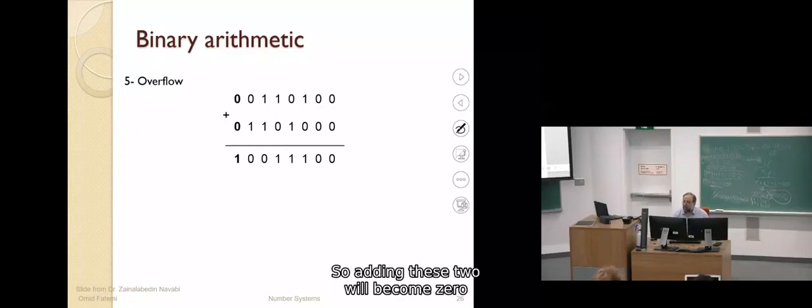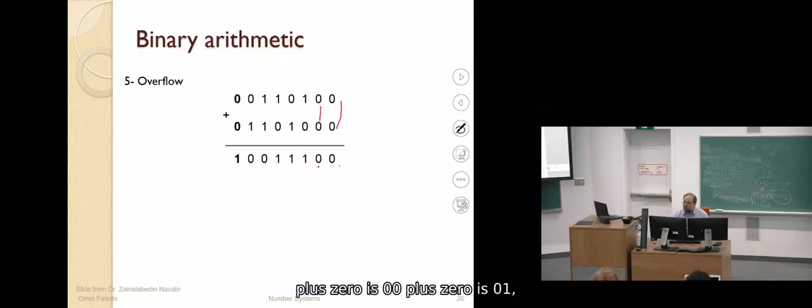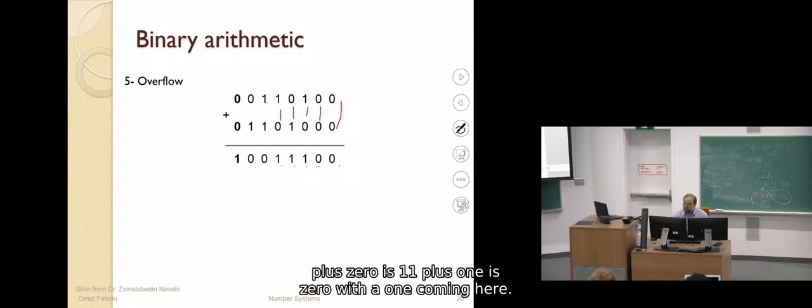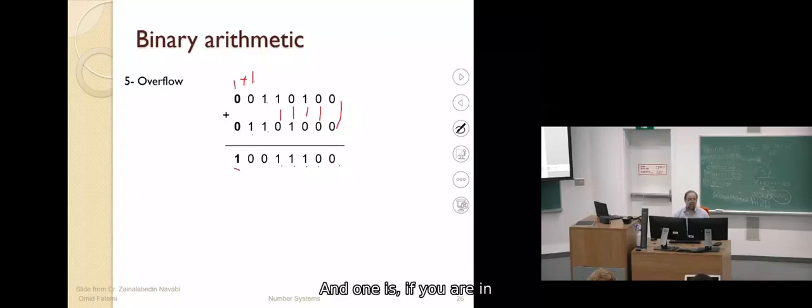So adding these two would become 0 plus 0 is 0, 0 plus 0 is 0, 1 plus 0 is 1, 0 plus 1 is 1, 1 plus 0 is 1, 1 plus 1 is 0 with a 1 coming here, 1 plus 1 is 0 with a 1 coming here, and 1 is that.